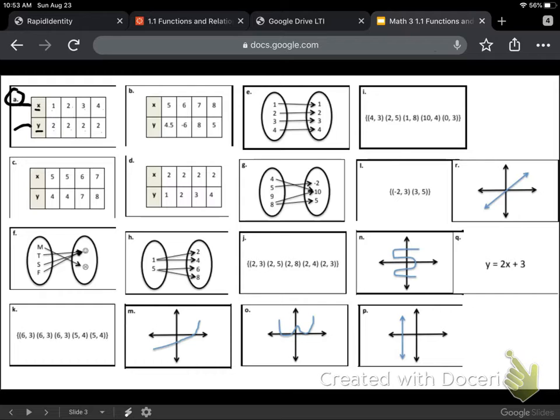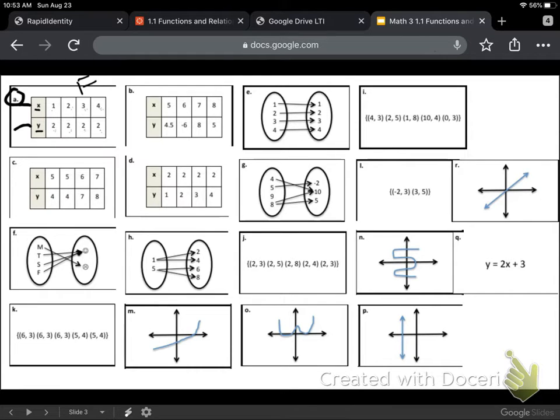Yes, it does. This 1 went to only one Y, this 2 went to only one Y, this 3 went to only one Y, this 4 went to only one Y. So this is a function. I just put F, that means function.